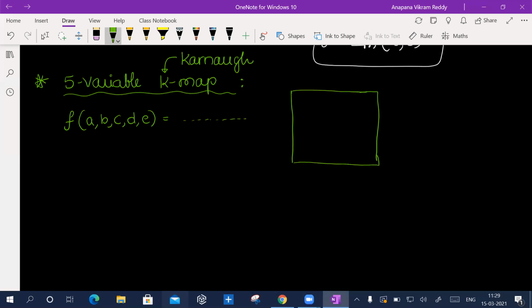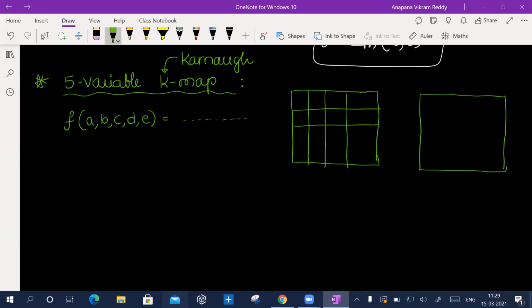So this is one K-map, and I can put another K-map next to the first K-map. How many cells do I have? 32.